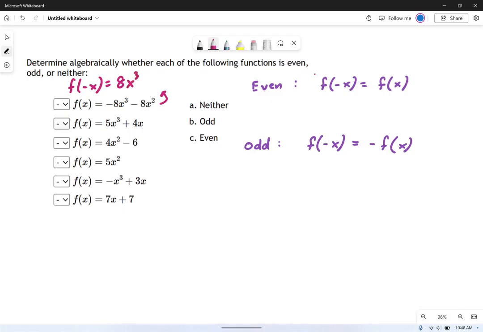But if you square negative x, it's going to make the negative disappear, and you'll just end up with negative 8x squared. Now go ahead and work through that in a little more detail like I did earlier if you would like, just to prove it to yourself. But this is what you would get in the end. And if you take a look, you notice that's the same, but that one's different. So this function is not entirely the same as what we started with, and it's not entirely opposite. So this would be an example of neither.